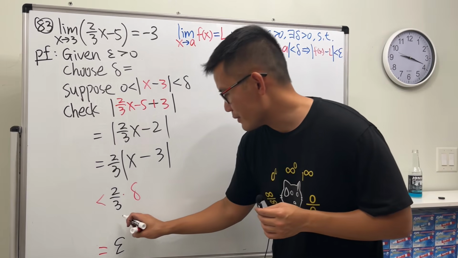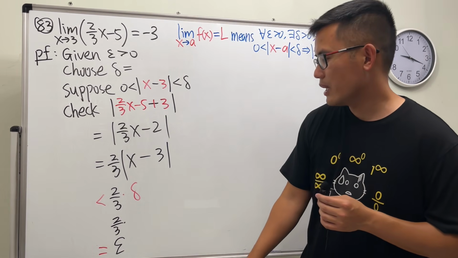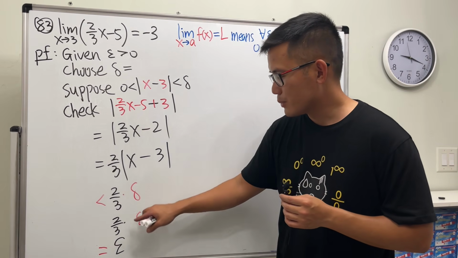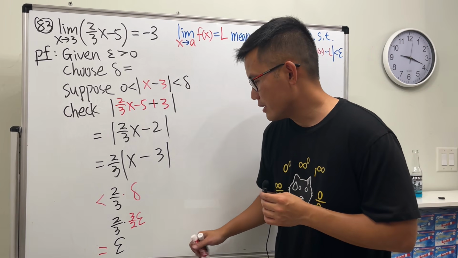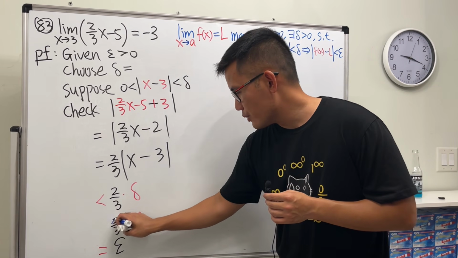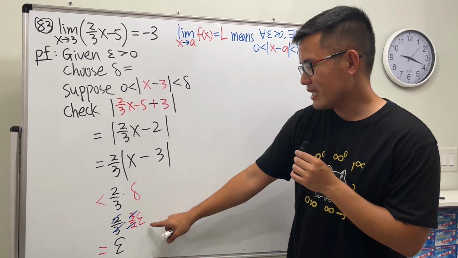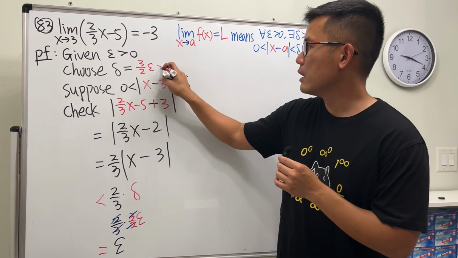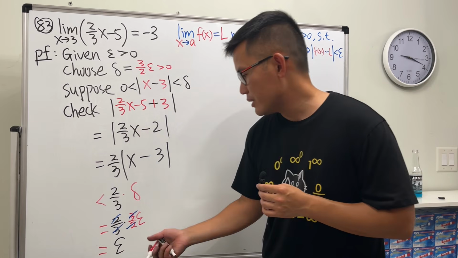Well, we will have to work it out a little bit. 3 over 2 times epsilon, perhaps we just need a reciprocal, namely 3 over 2, because this way, 2 and 2 cancel, 3 and 3 cancel, perfect. So that means delta is equal to 3 over 2 epsilon. This is equal to that. Put it there. Done.